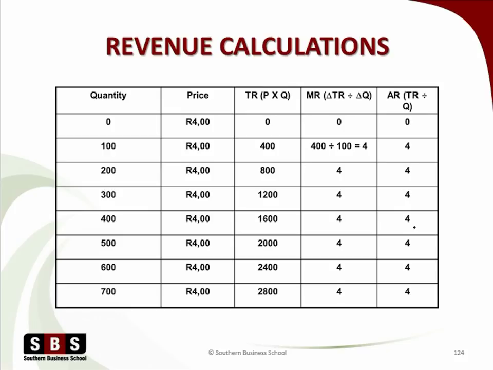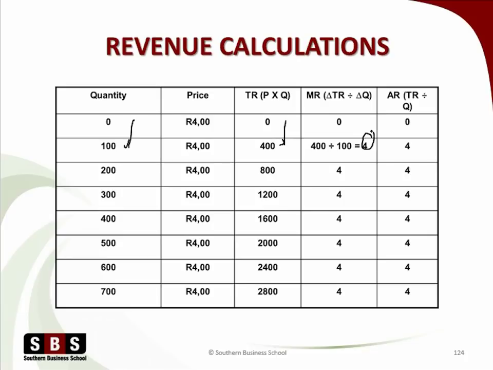So marginal revenue, that's the formula. It's the change in total revenue divided by the change in quantity. That's why there was a 400 change here and a 100 change there. That's why it gives you the value of 4. So your marginal revenue is 4. And you can go on like that.